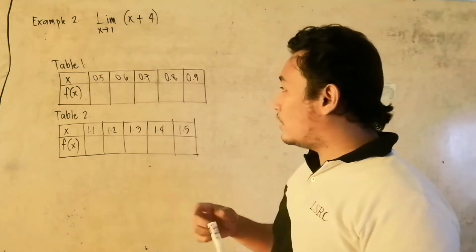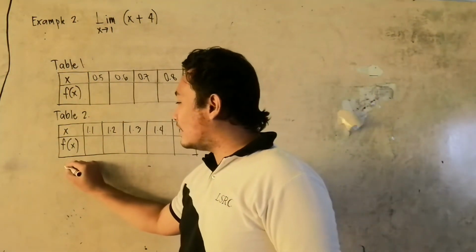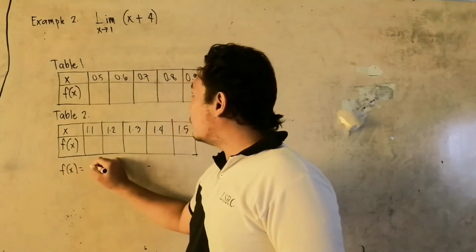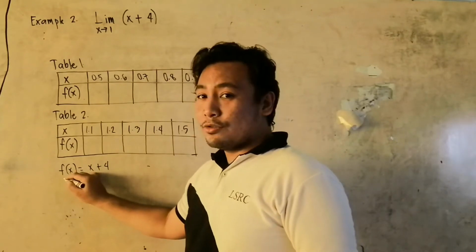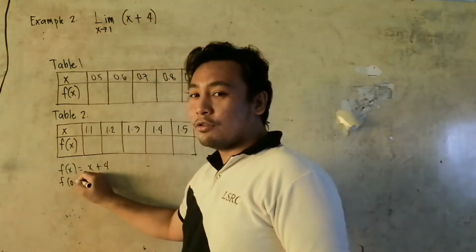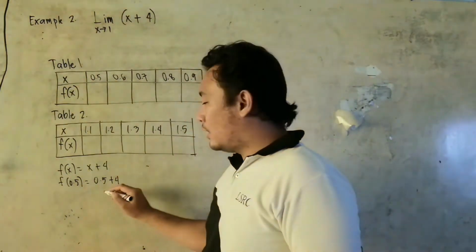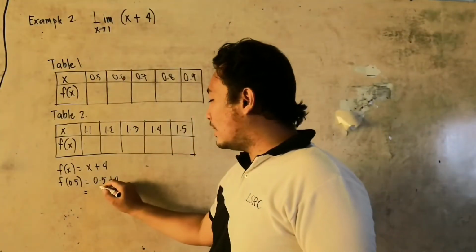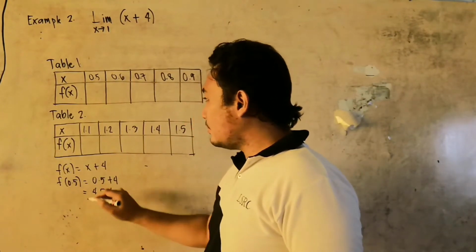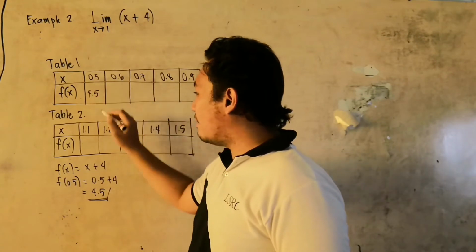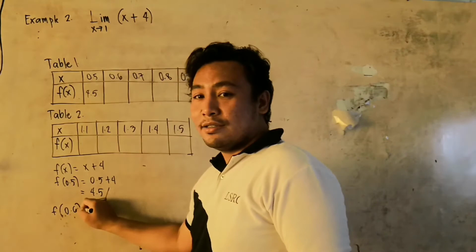So now let's solve for the values of f of x. So the first one is f of x is equal to x plus 4. If x is equal to 0.5, so we have f of 0.5 is equal to 0.5 plus 4. So 0.5 plus 4 is equal to 4.5. We have 4.5. So next is f of 0.6.